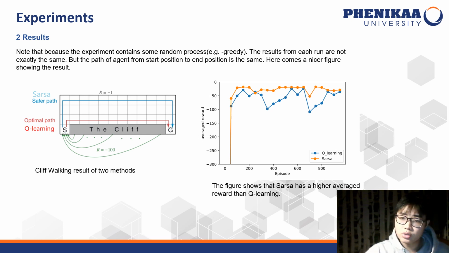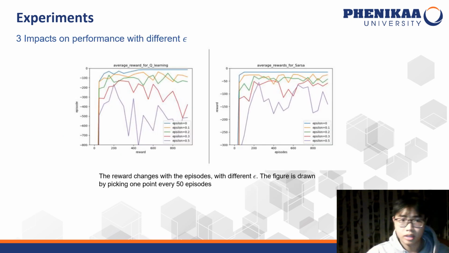That's also the reason that Q-learning has some sudden drops. Conversely, SARSA takes a safer path and is not so likely to fall into the cliff.